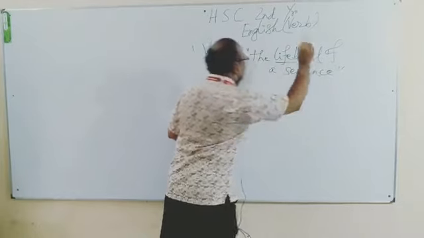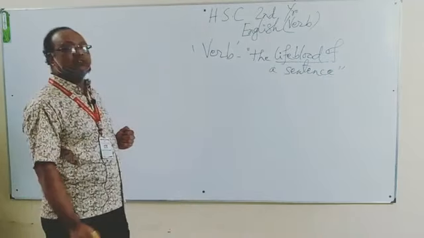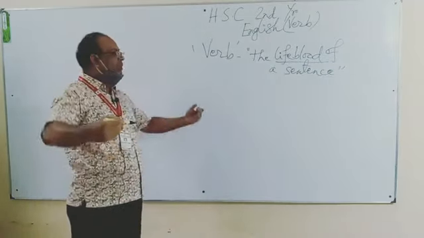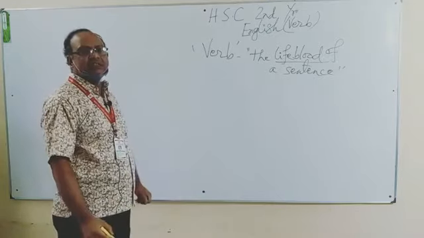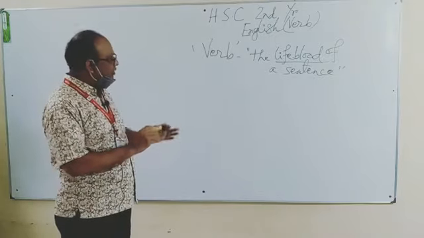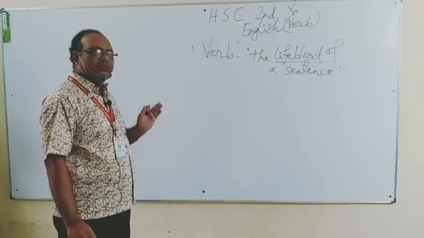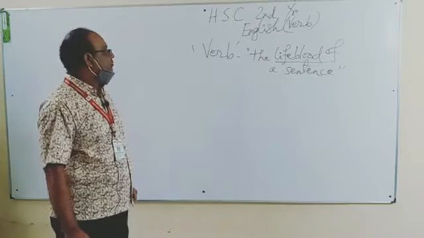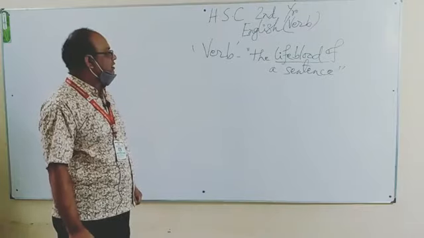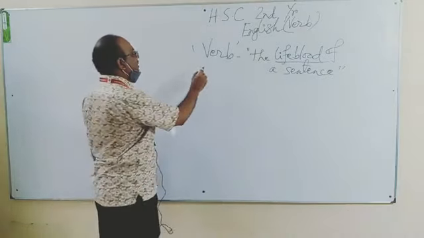As we cannot live without lifeblood, that means blood circulation, there cannot be any sentence without a verb. So important is the verb in English. So, you have some idea about verb.